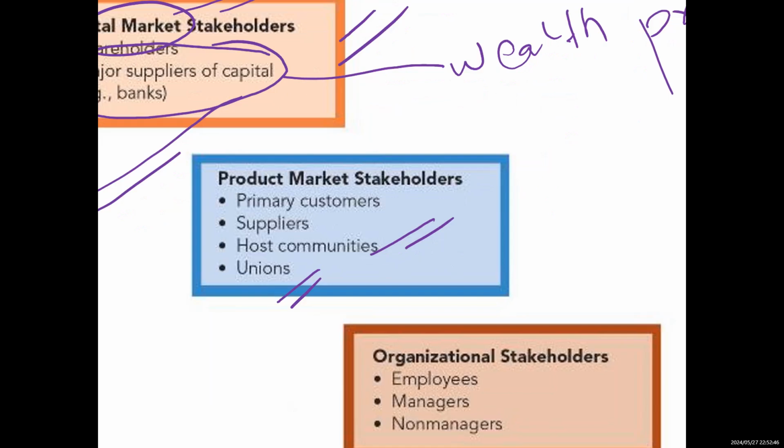Of course, the law of demand says that when price goes up, quantity goes down, price goes down, quantity goes up, right? Suppliers, on the other hand, follow the law of supply. What is the law of supply? Price goes up, quantity supplied goes up. So they want to receive the highest sustainable prices.